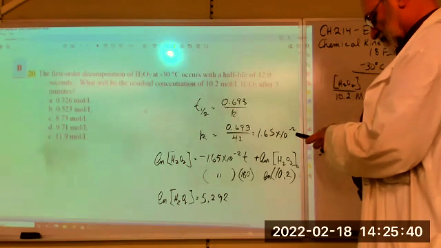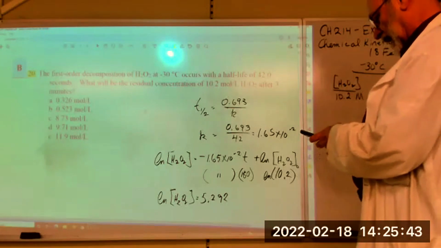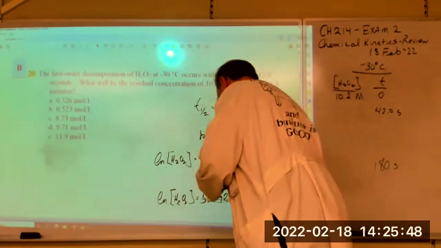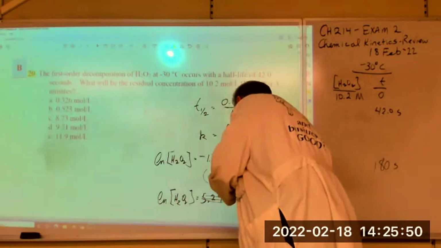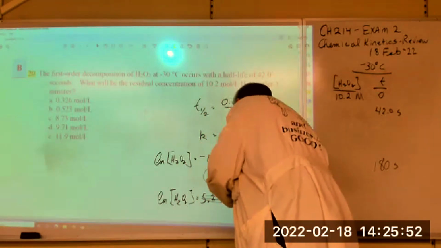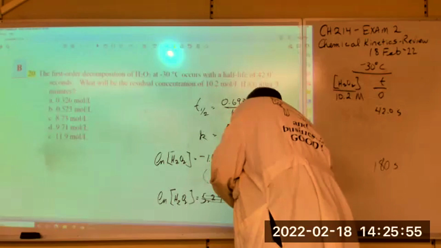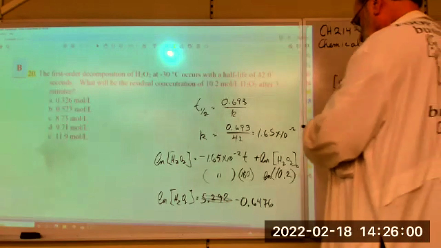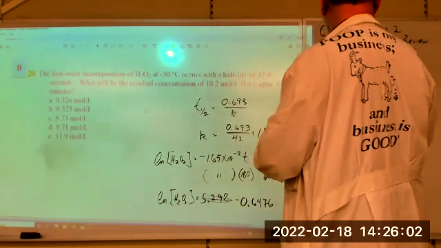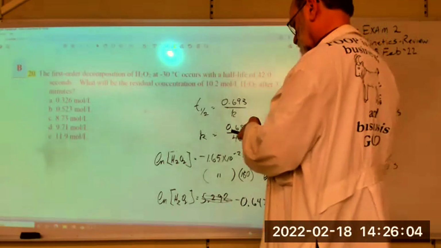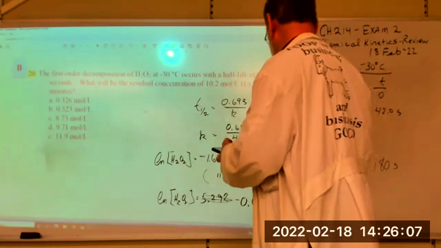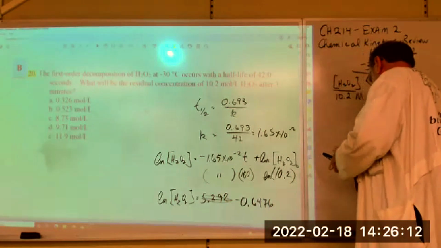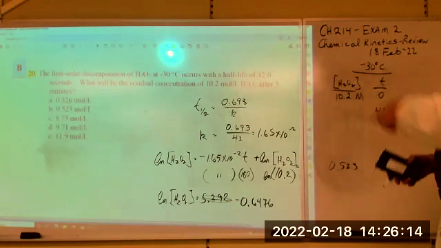Now we take 10.2, take the natural log of that, add it together with this one. Okay. So this is minus 0.6476. Take the anti-log of that is 0.523. 0.523 molar. There it is.